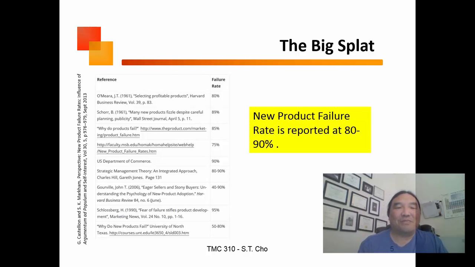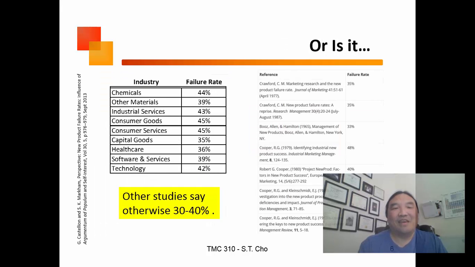The thing about new products is the reported rate is that they fail about 90% of the time. However, other studies contradicted it and say new products only fail 30 to 40% of the time. The problem with these older studies, if you read through them, is that all these papers were written before 1990, and they analyzed older industries.